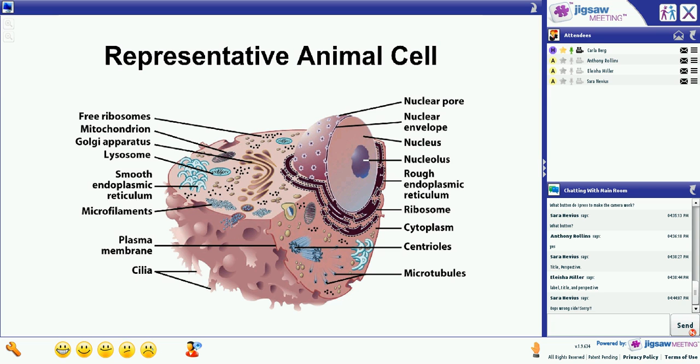Here's a representative animal cell. I'm not going to read all of these to you. I just want you to take a minute and look at some of the organelles in an animal cell.